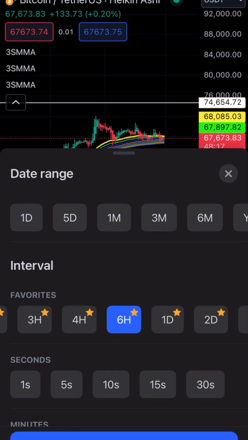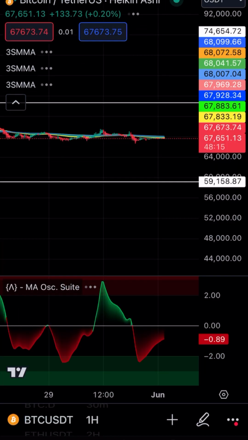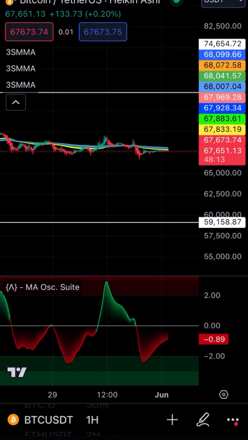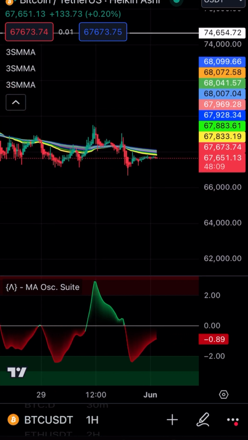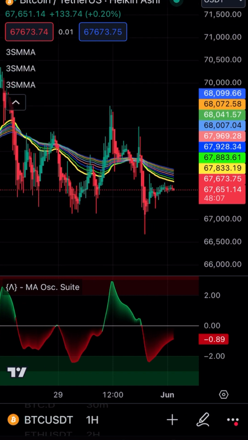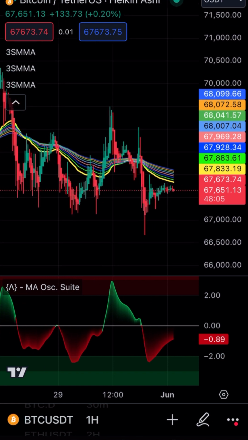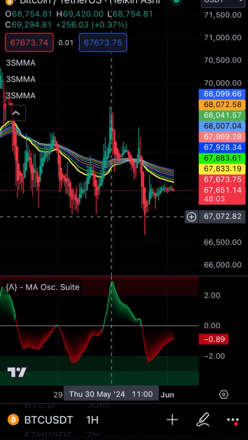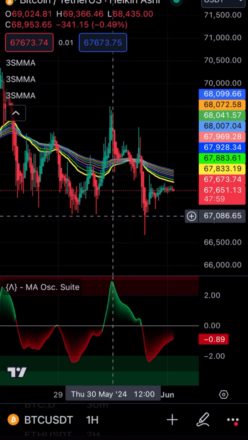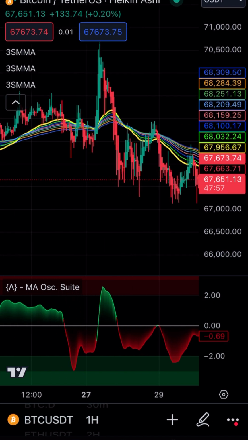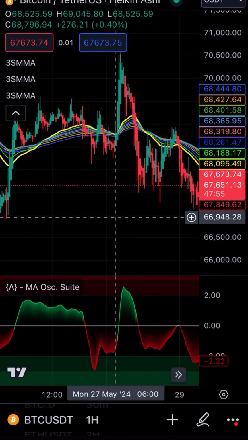Now, real quickly, I want to look at the hour. This is not really intraday, but you can get some good results here since the overall direction's going up. You can focus on those quick little moments like right here. Right here would be a good one.